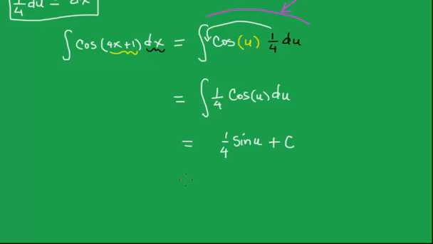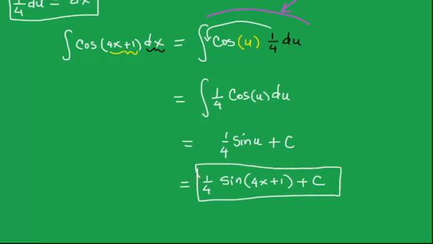So this gives us 1 over 4 sine of 4x plus 1, and then plus the constant of integration. Now we have our final answer. And as usual, you can verify by taking the derivative of this function. You will see that you get back that original integrand.